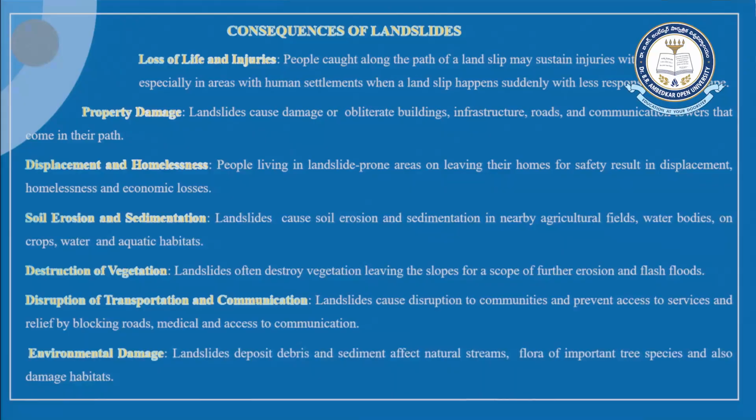Consequences of landslides. Loss of life and injuries take place due to landslides. Property damage occurs to infrastructure, roads and communication towers that come in their path. Displacement and homelessness also occur to people living in landslide prone areas because they have to leave their homes for safety purposes.